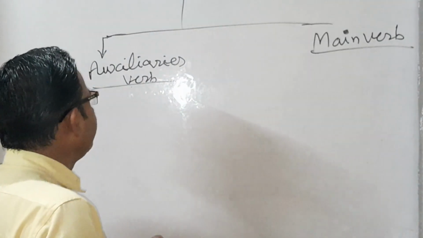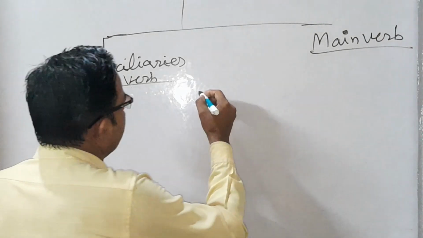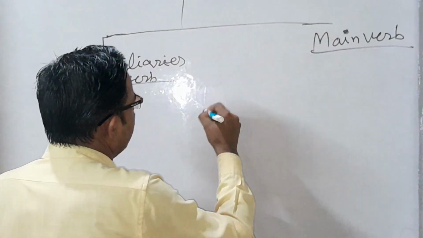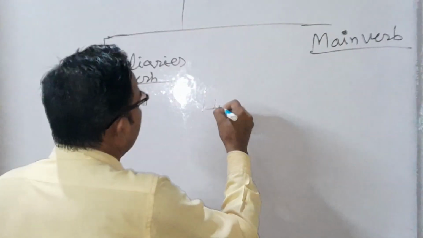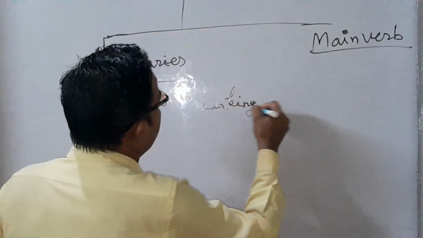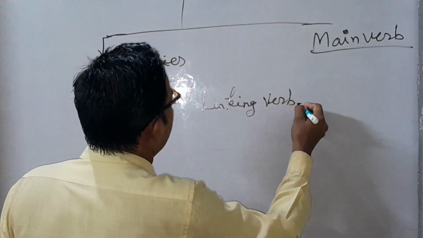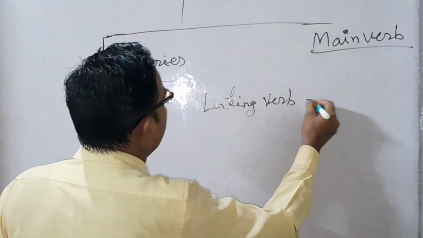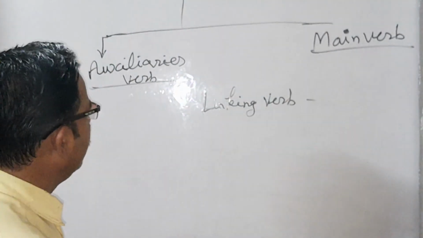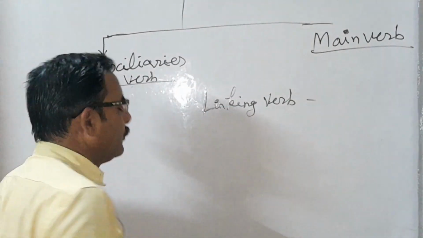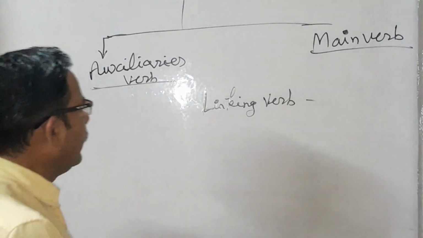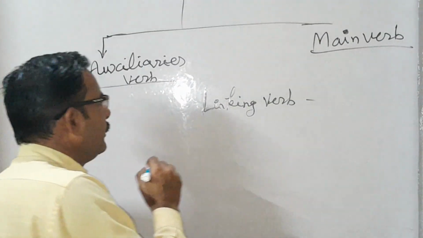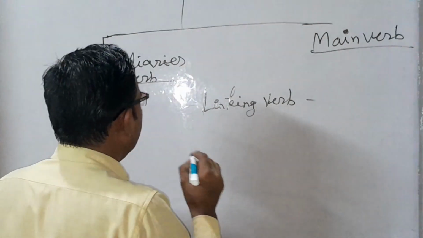And another verb: some of you have heard about the linking verb. What is a linking verb? Why should we say linking verb? In which condition do we say linking verb?